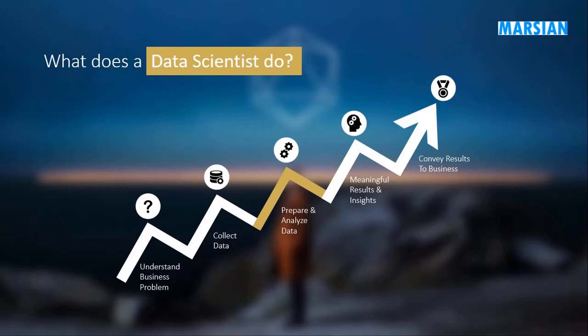With some help, once he gets the data, he makes sure that the data is in a proper format and is clean and ready for analysis. He then puts the data into analysis, which could be done by a machine learning algorithm or a statistical model, and gets the meaningful insights or results, which are then communicated to the stakeholders or the business. That is basically what a data scientist does at his work.